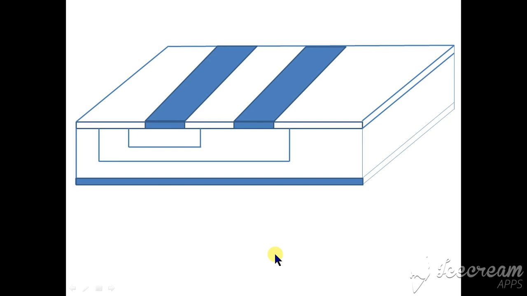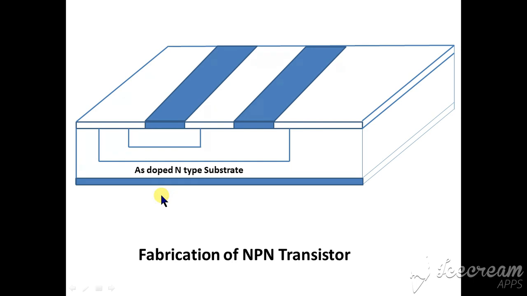Now let us first consider the fabrication mechanism of the NPN transistor. For this, we consider a pentavalent atom arsenic doped N-type substrate as a starting material for the transistor body. Then an oxide layer of silicon dioxide is deposited on this N-type substrate.